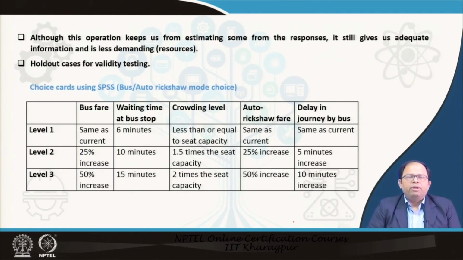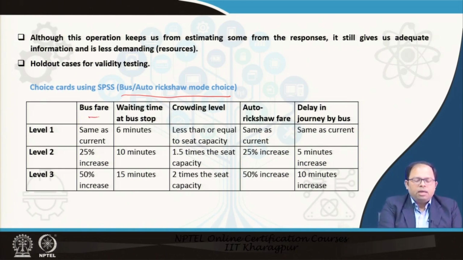For example, if I take a bus and auto rickshaw mode choice problem, and I want to create choice cards, I can create them using different software. I will come to that. Suppose there are five attributes, and each attribute has level 1, level 2 and level 3.